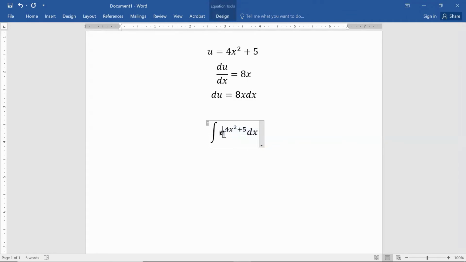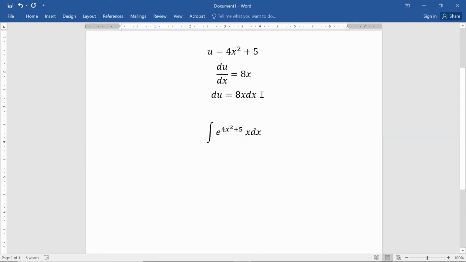Therefore, I want to take the x and put it back in the back with dx. This gives me x dx in the back. That's very close to what I have. I have an 8 times x dx.